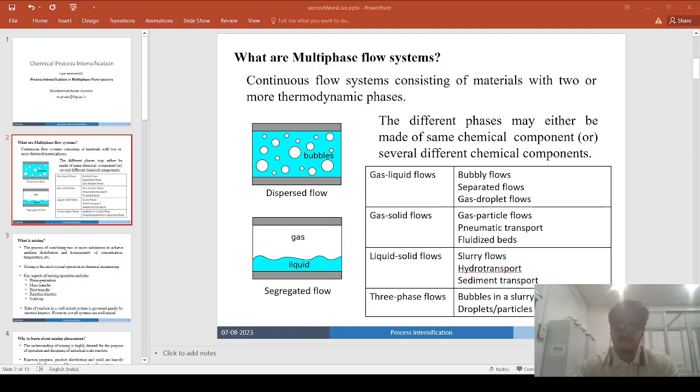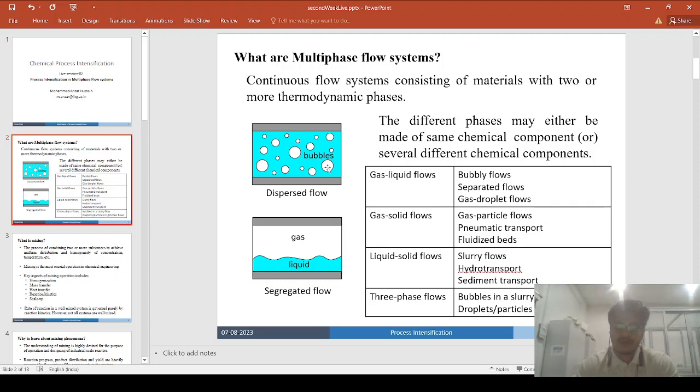Here I forgot to discuss one thing: in the dispersed flow system, the bulk media in which the gaseous phase is dispersed is termed the continuous phase or the carrier phase, and the gaseous phase, which is generated as many small bubbles, is called the dispersed phase.